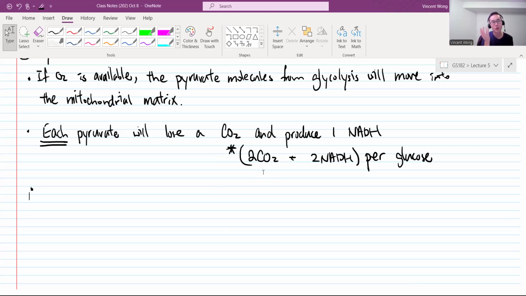How much energy have we put in so far? Like at the very first step, like how much energy have we invested in the investment phase? Yeah, 2 ATP though, specifically.